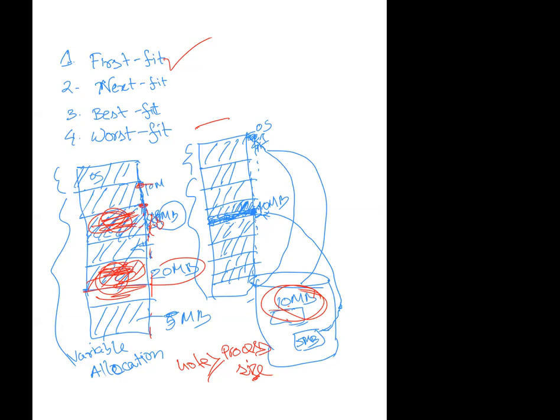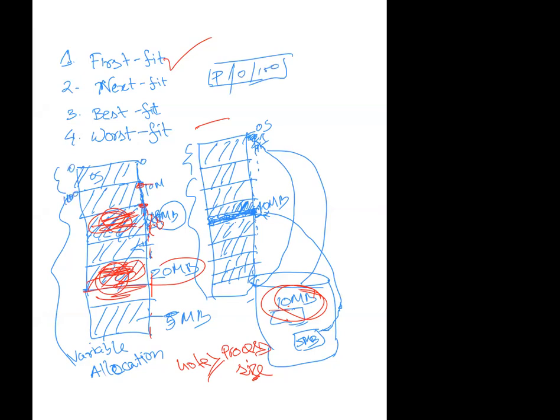Okay, so how does your algorithm know where the hole is and where the process is? Inside, it's maintained as a linked list. You know about the linked list in a programming language. Let's say this is a process, and this is the starting address, 0 to 100 for one process.